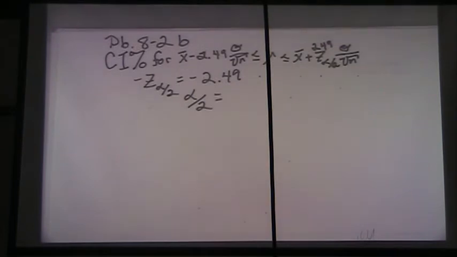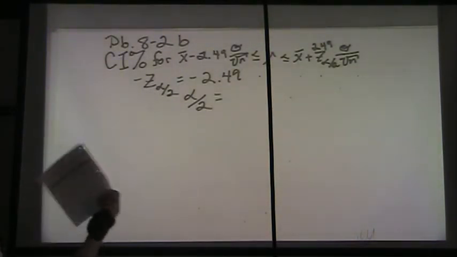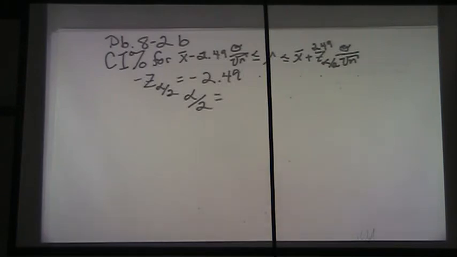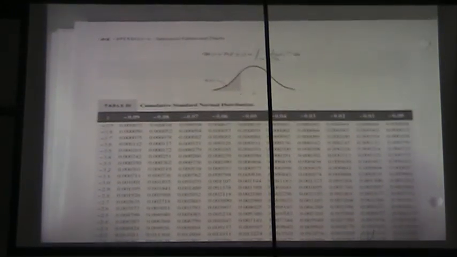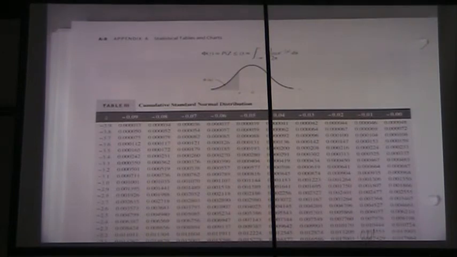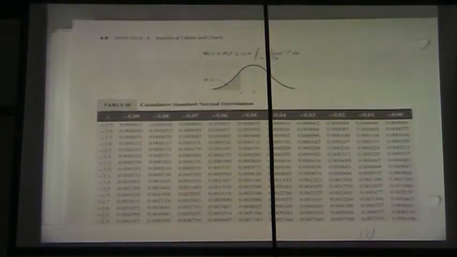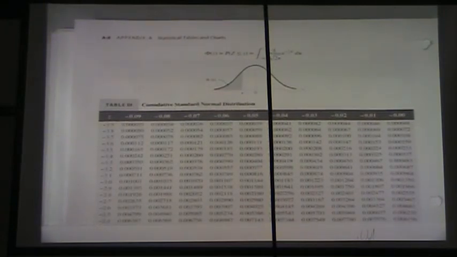Luckily, I've got a table. All right, so I put my table down, and there we go. I look for negative 2.4 and then I'm going to look for negative 0.09.